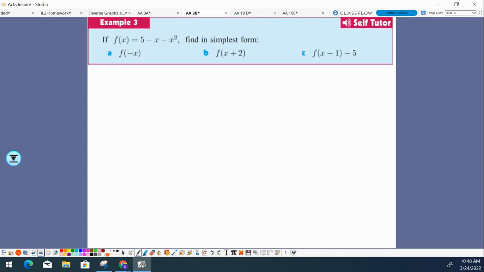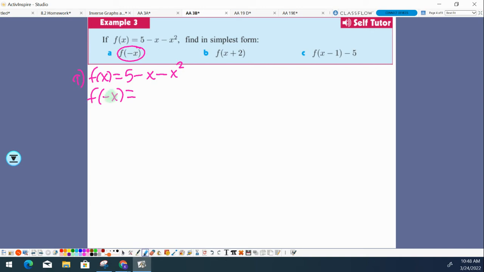All right, the last example is a little trickier, but you probably have seen this already. I'm going to carry down the f of x equation, 5 minus x minus x squared. Notice what letter A is asking. Letter A is saying, what if I plug a negative x in?